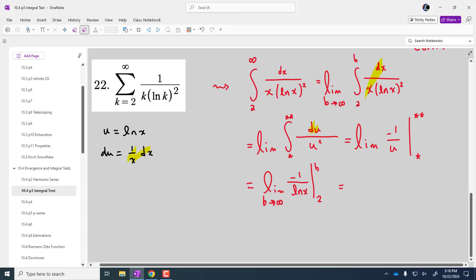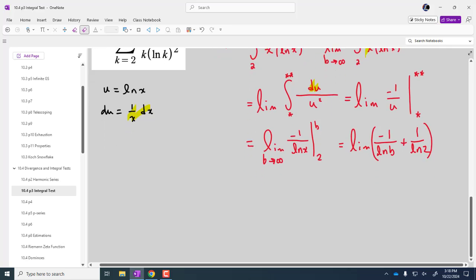So then we plug in our two values. We have negative 1 over natural log of b, minus a negative is plus 1 over natural log of 2. And what does that limit go to? 1 over ln 2, yes.